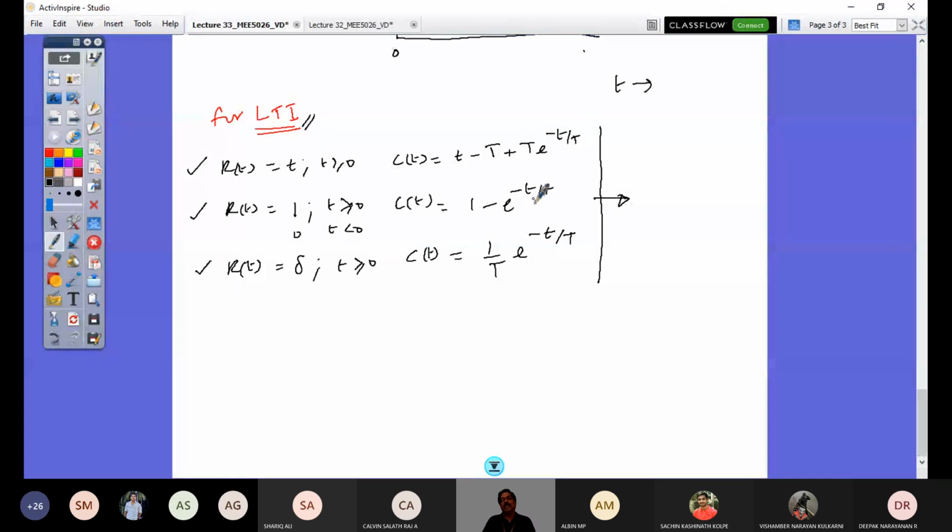Or you can integrate it to get your system response for the ramp function. So this relationship holds good.